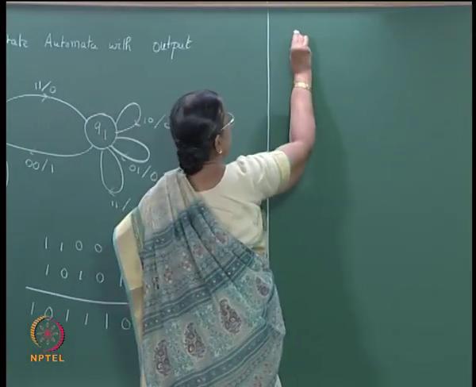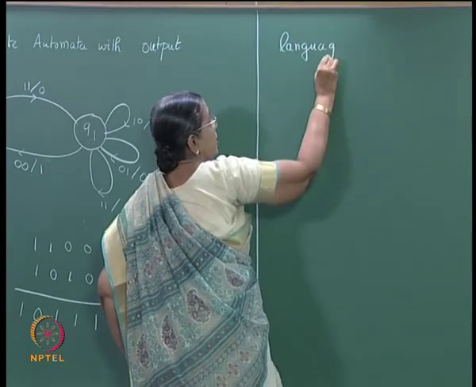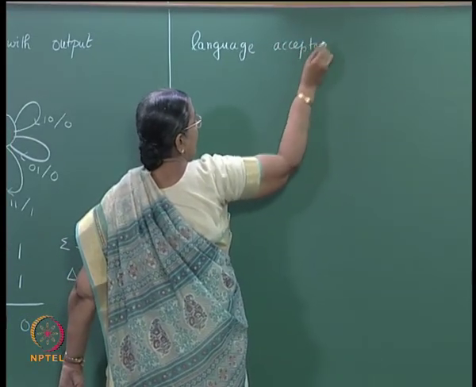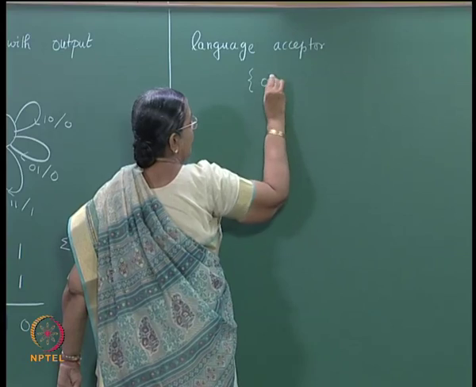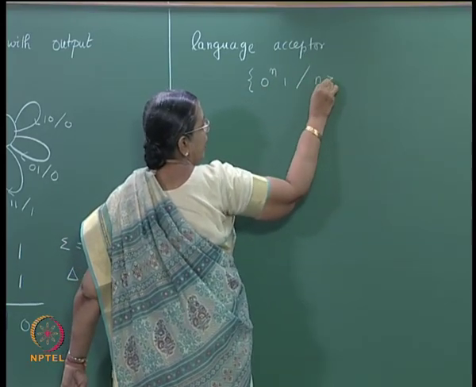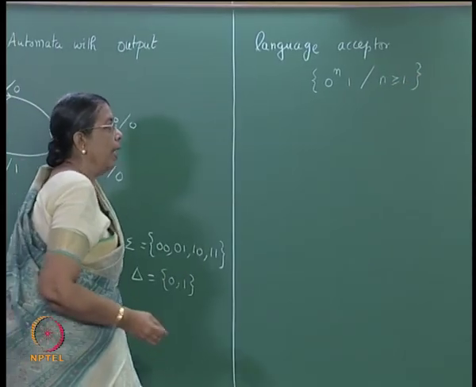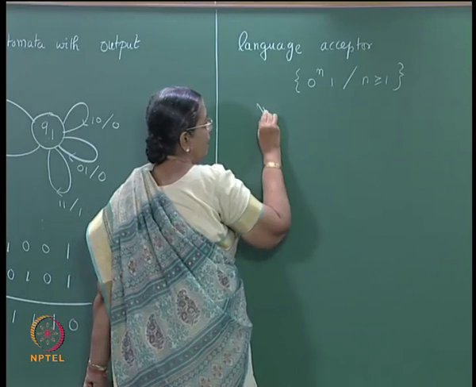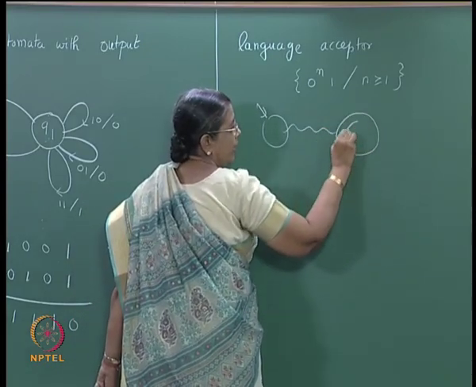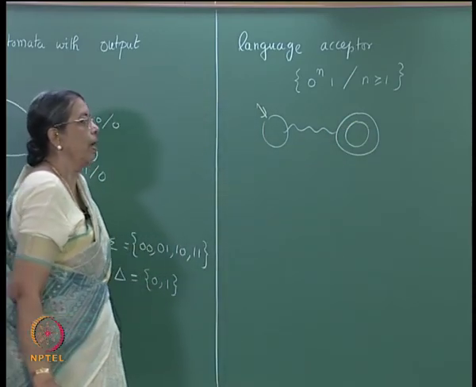Language acceptor, when you look at it as a language acceptor. For example, it can accept something like 0 power n 1, n greater than or equal to 1, a language like this. In this case, starting from the initial state, after reading some input, if you reach a final state, the input is said to be accepted.